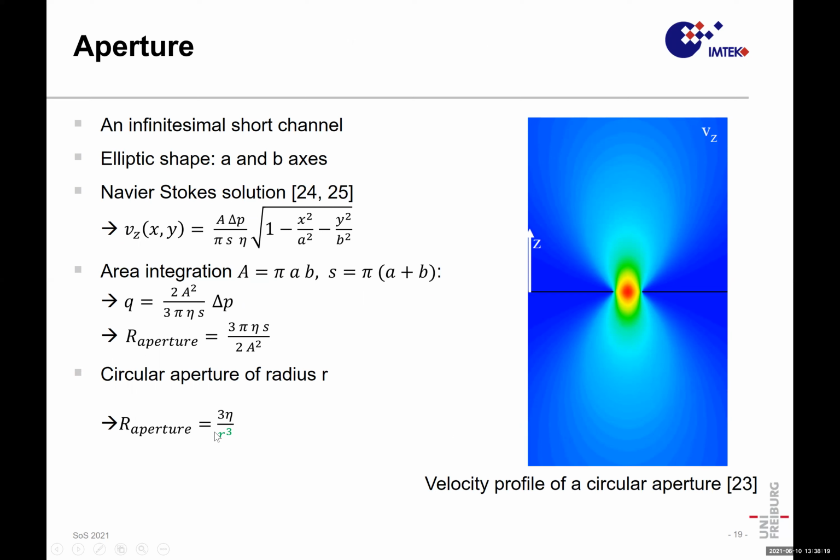Of course, then the thickness is one order less, and this is simply an FEM simulation to control this simple expression. It holds quite well. Yes, a typical velocity profile through a tiny hole.